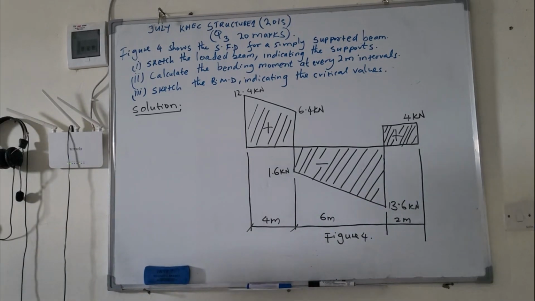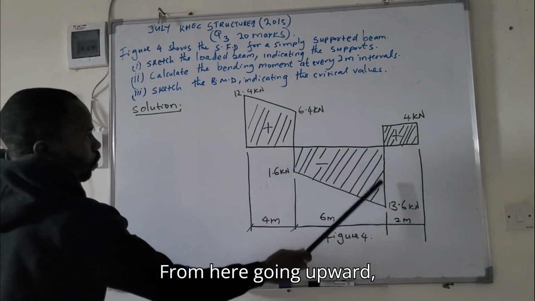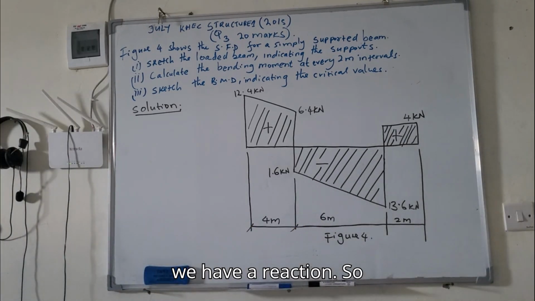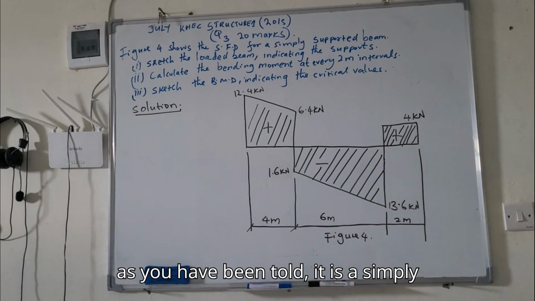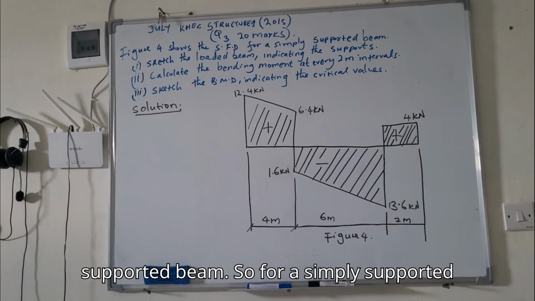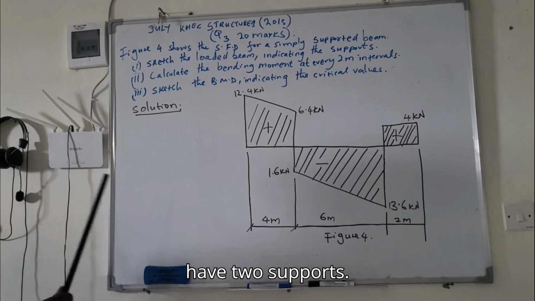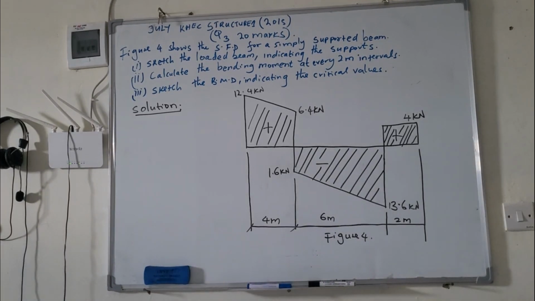Then from here going upward, we'll have a reaction. As you have been told, it is a simply supported beam, so it only has 2 supports.